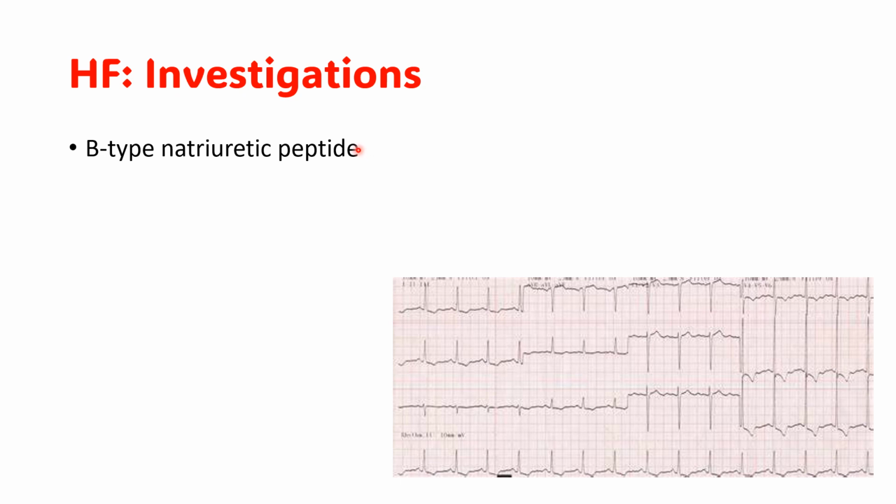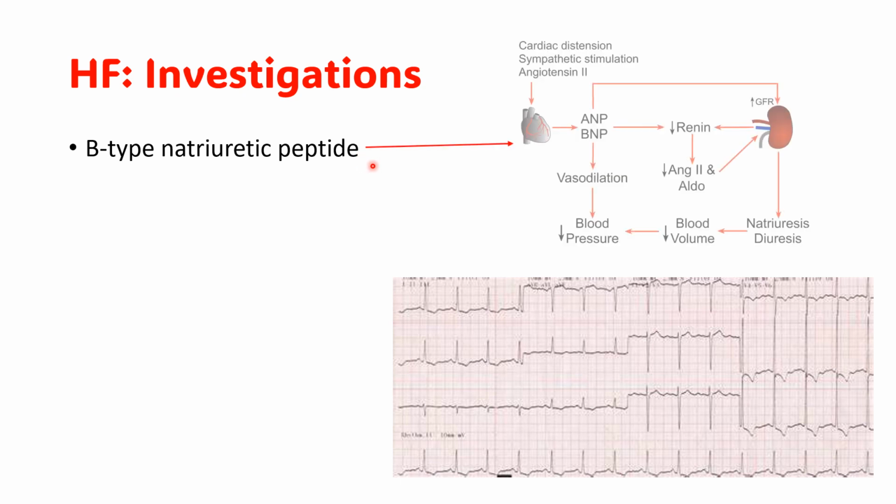And if the levels are elevated, greater than 2,000 picograms per milliliter, you have to do an echocardiogram 2 weeks following that measurement. And this is essentially just the normal mechanism of some of the natriuretic peptides. So ANP, which is atrial natriuretic peptide, and BNP, which is, like I've mentioned, brain natriuretic peptide.